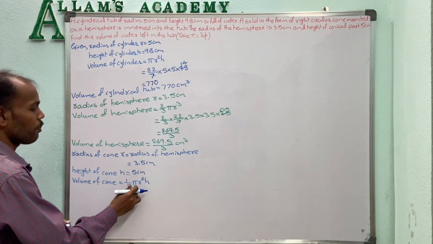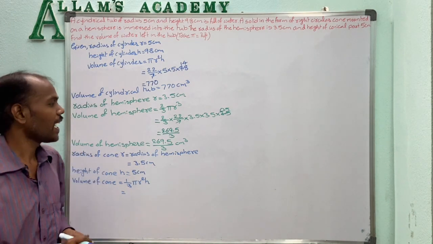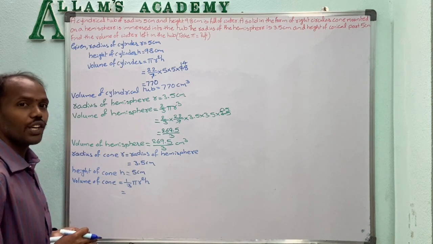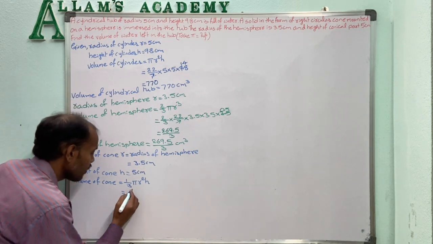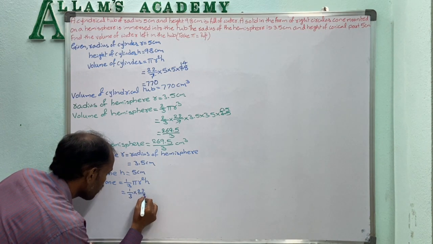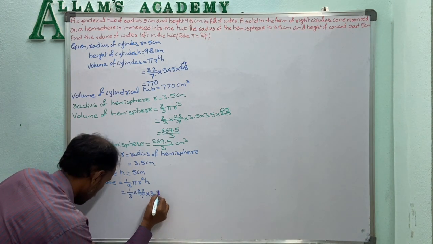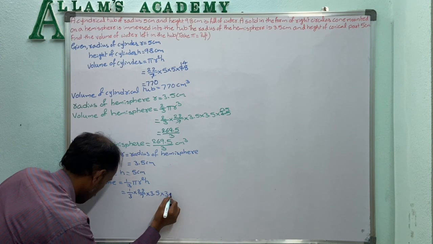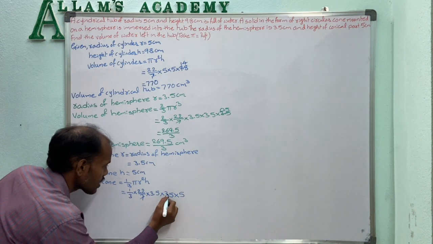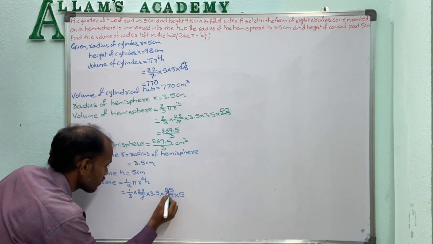So here pi equals 22 by 7 and r is 3.5 and h equals 5. Substituting these values, we get 1 by 3 into pi, 22 by 7 into r, 3.5 into 3.5 into h 5. So 7 ones are 7, 7 5s are 35.